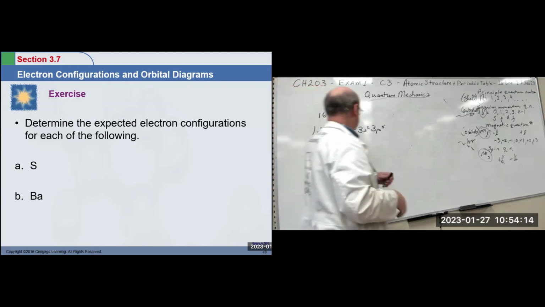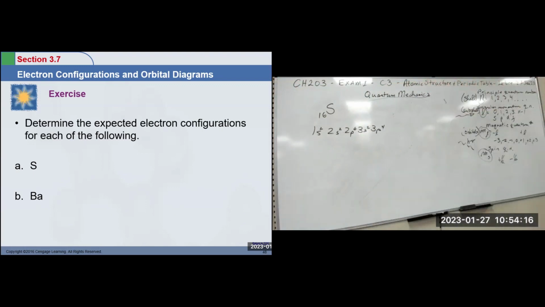Notice what I said earlier about which ones are filling. Let me get my stick. This is the 1s. This is the 2s. That's the 2p. This is the 3s. This is the 3p. 1, 2, 3, 4.